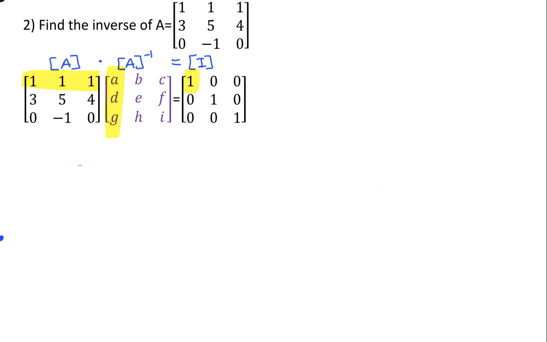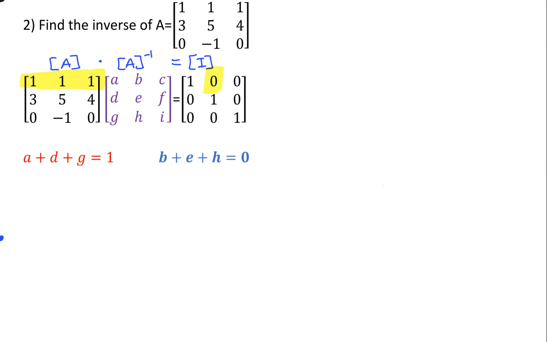In doing so, I'm going to get A plus D plus G. So my first equation, A plus D plus G, that's row 1 times column 1. I'm going to continue that with every other column with row 1. So row 1 times column 2 is going to equal this 0 in row 1, column 2. So I do that, and I get B plus E plus H.